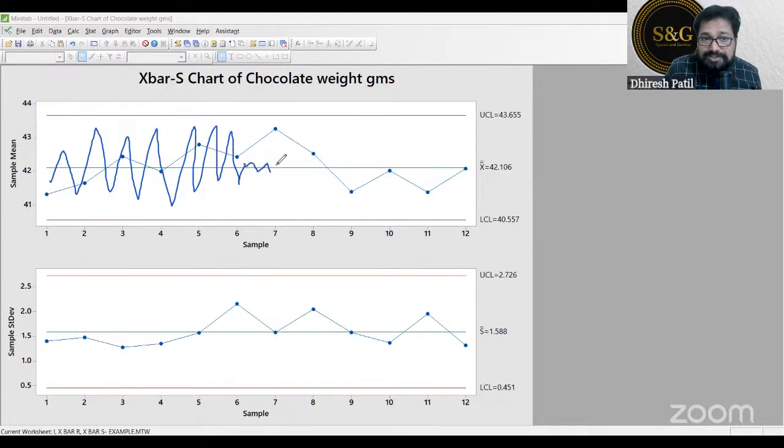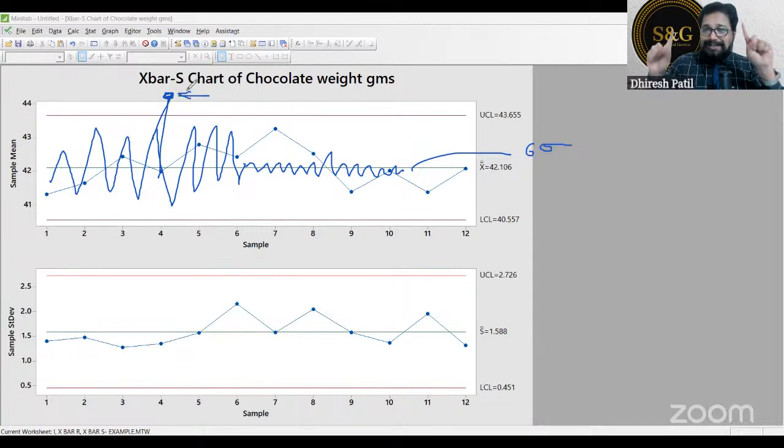To bring the process to this level, you need Six Sigma. If the process is going beyond this, anyway, it's an uncontrolled process, an unstable process. Common sense also can solve this problem.